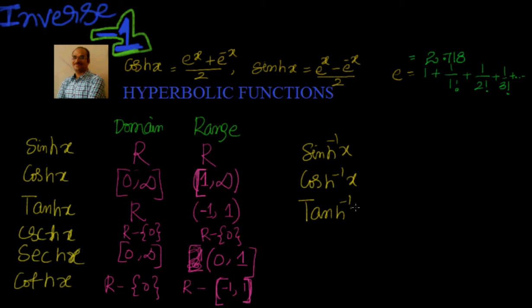Now first thing, I know that the domain of this function is nothing but the range of this function, because your range will become domain and domain will become range. So I can simply swap them and I can write it. That's it. Simple.